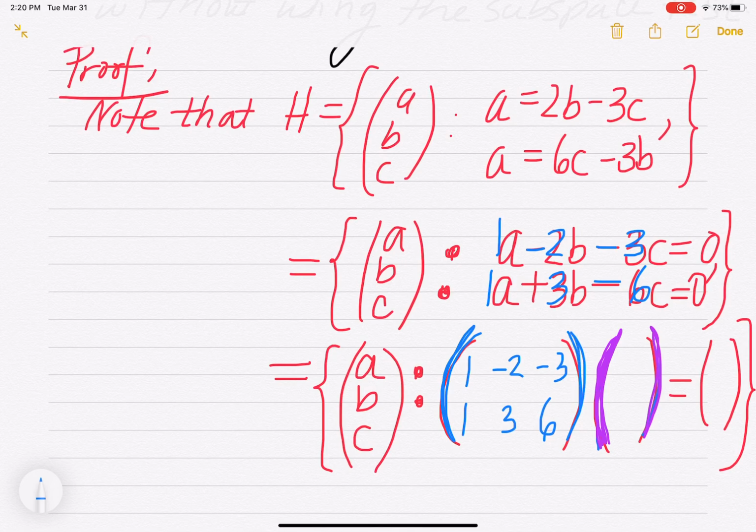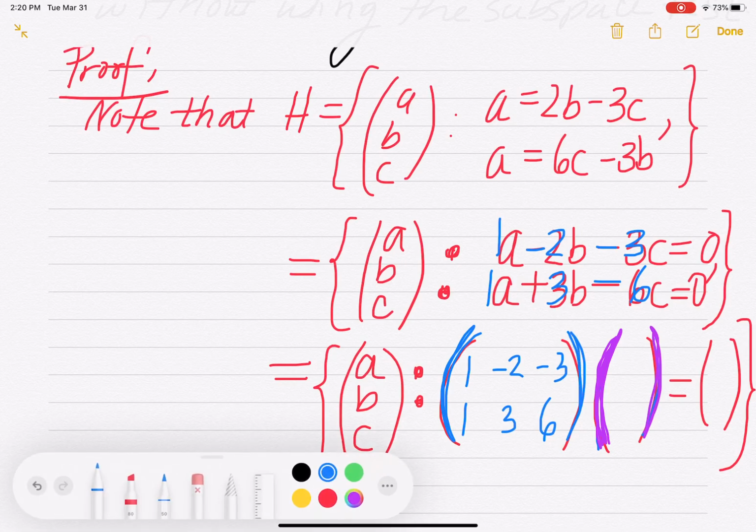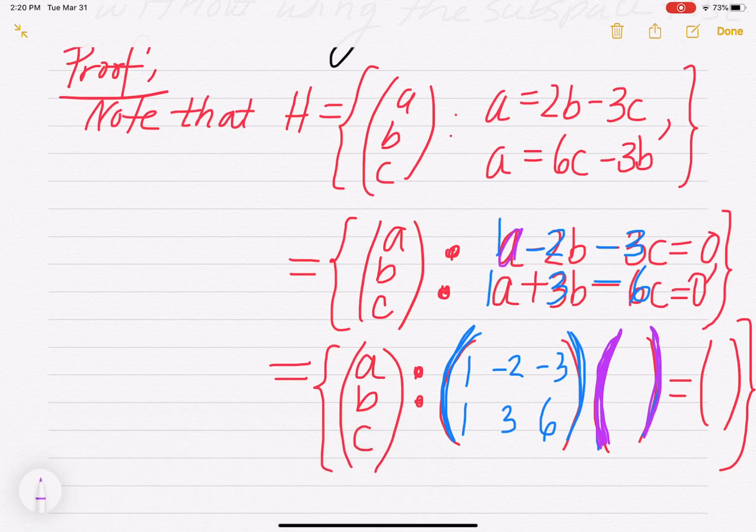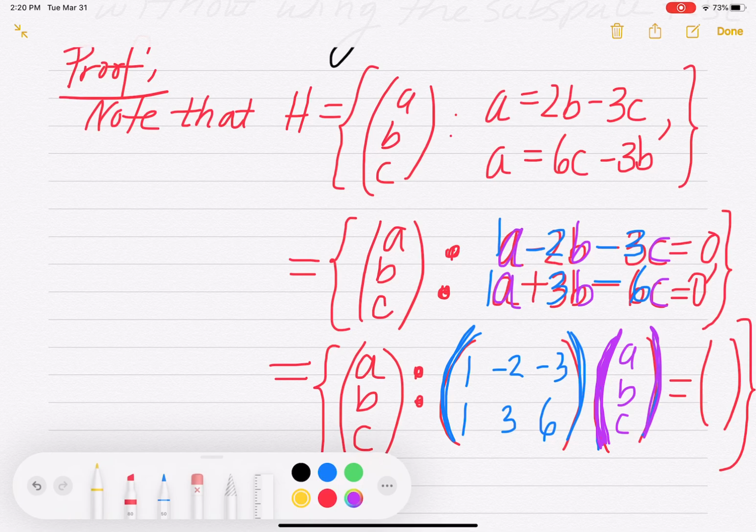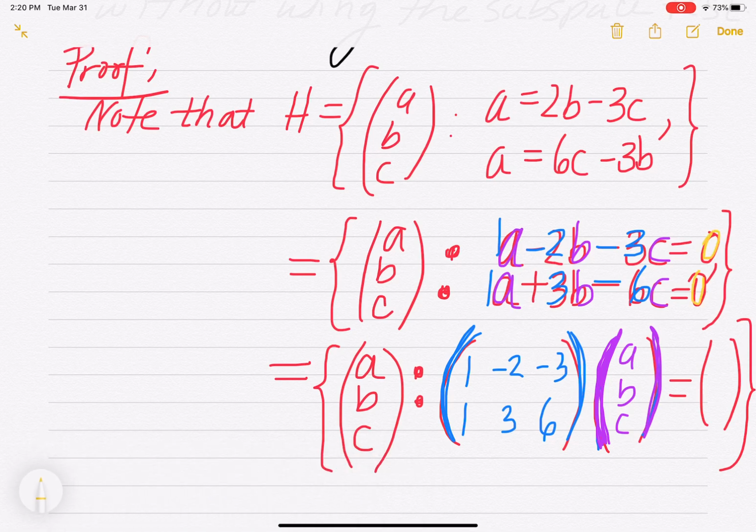The vector x consists of the entries a, b, c, so the variables go in there. And the right-hand side of the equation is zeros, which make up the zero vector.